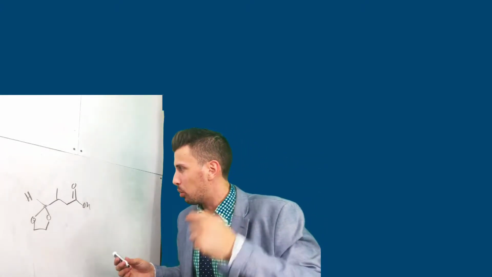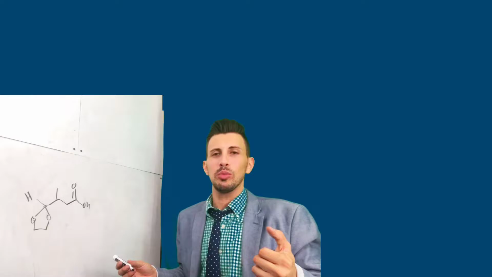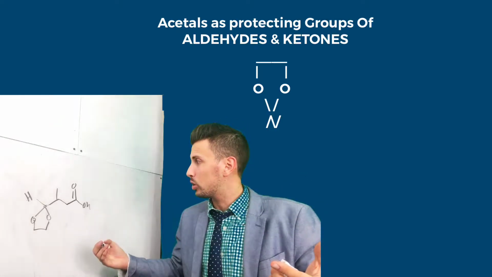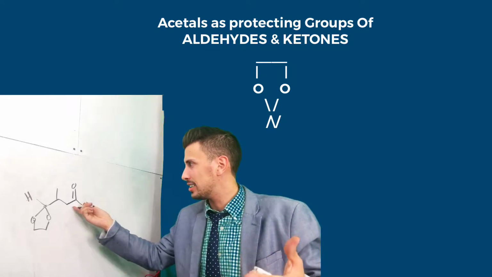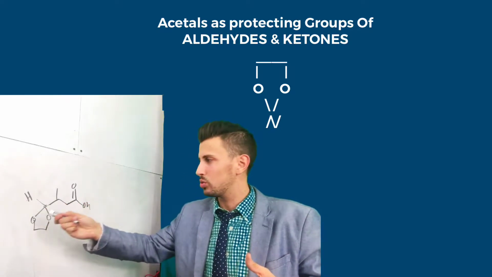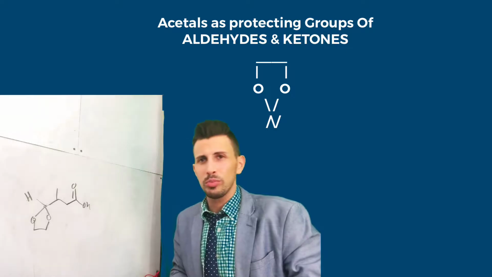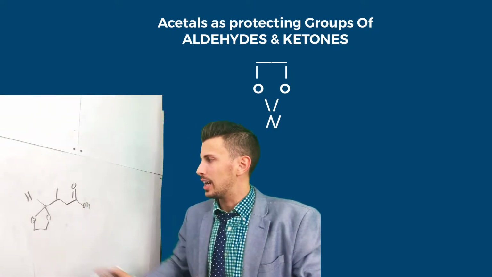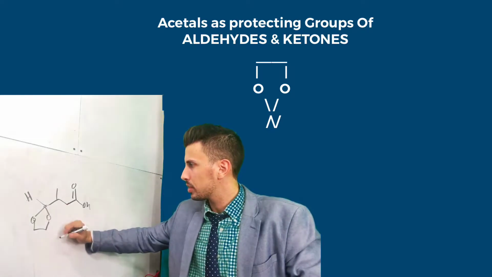The point is lithium aluminum hydride can reduce ketones and aldehydes. If you have a compound where you want to reduce the carboxylic acids but not the ketones, then you introduce the acetal group through an alcohol in the presence of an acid that enables this to form.